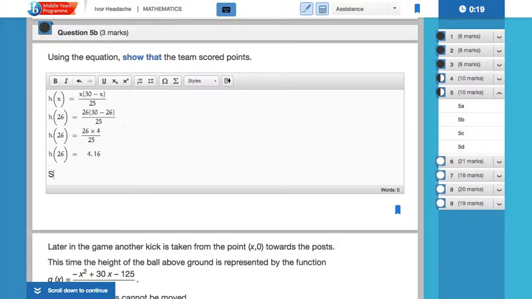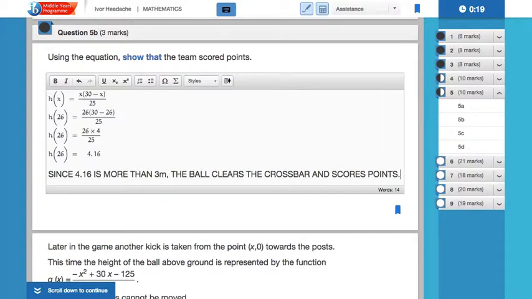So since 4.16 is more than 3 meters, the ball clears the crossbar and scores points.